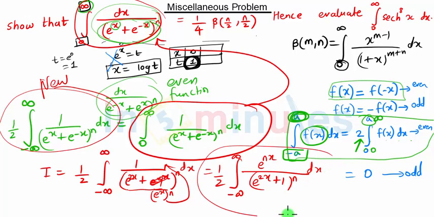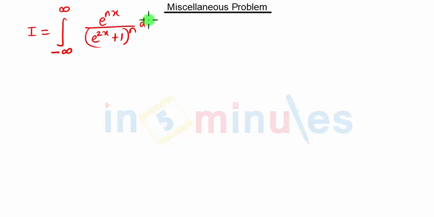So this is now our new integration. So now if we put e raised to x equal to t, our limits of integration will be from 0 to infinity. So our new integration is integration of minus infinity to infinity e raised to nx upon e raised to 2x plus 1 the whole raised to n into dx.